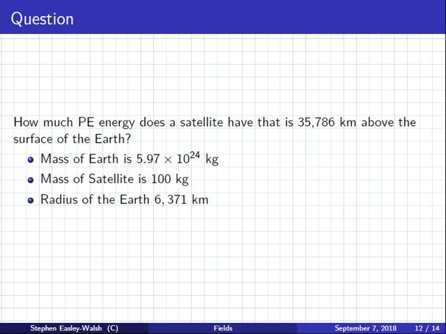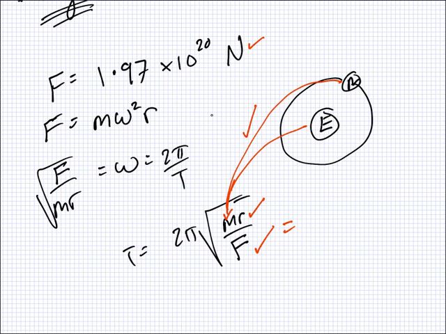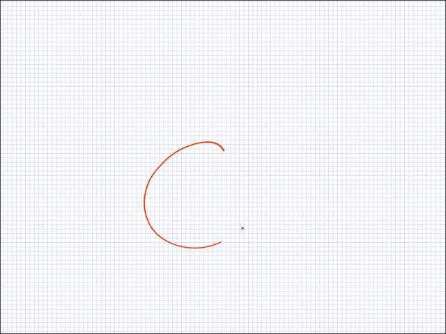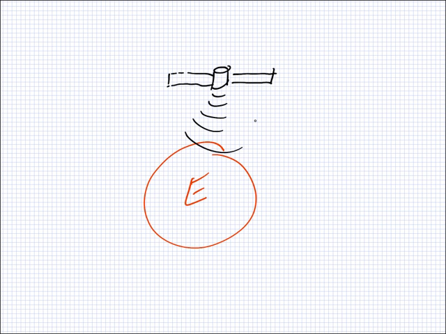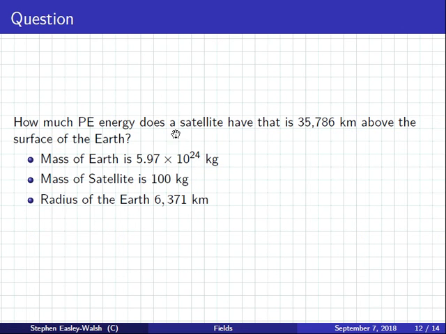Last one is how much potential energy does a satellite have? You know satellite? I don't know. You don't know this word. Okay, Earth. How much potential energy does a satellite have that is 35,786 kilometers above the surface of the Earth?